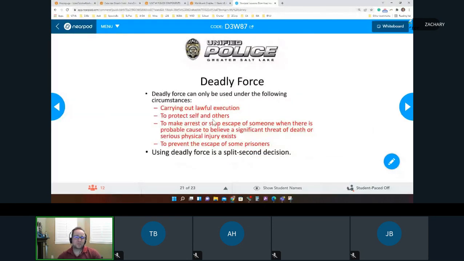Okay, so deadly force can only happen under the following circumstances: carrying out a lawful execution, to protect self or others, to make an arrest or stop the escape of someone when there is probable cause to believe a significant threat of death or serious injury exists, or to prevent the escape of prisoners. When it comes to the legal side, it's very hard.